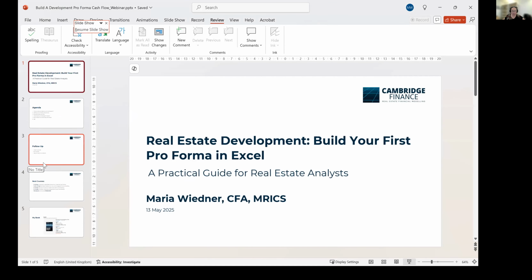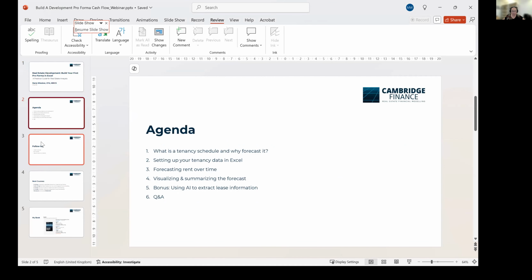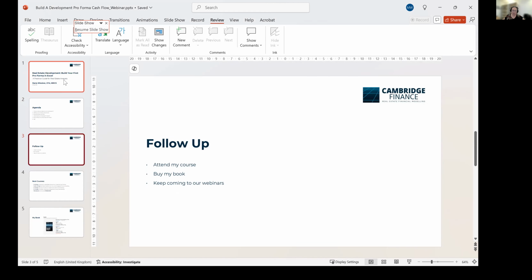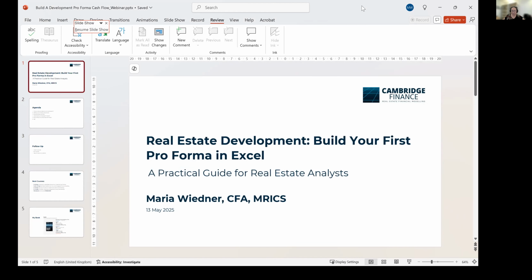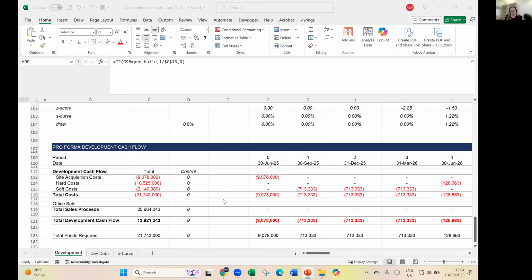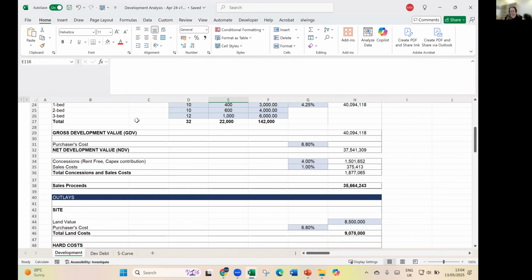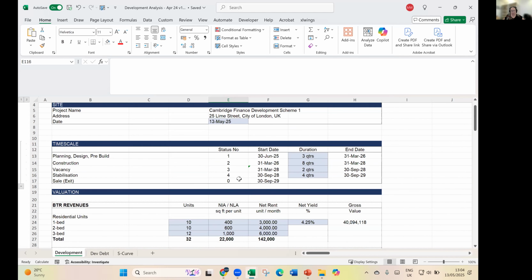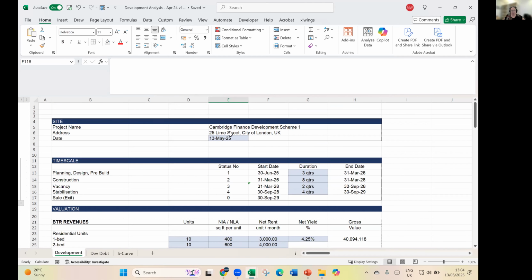But the idea of today's webinar is to mainly talk about development performance. Okay, apologies for my slide not picking up the right content, but what we're going to do here is talk about developments and how we build a very simple cash flow in Excel. Okay. So this is the main setup.